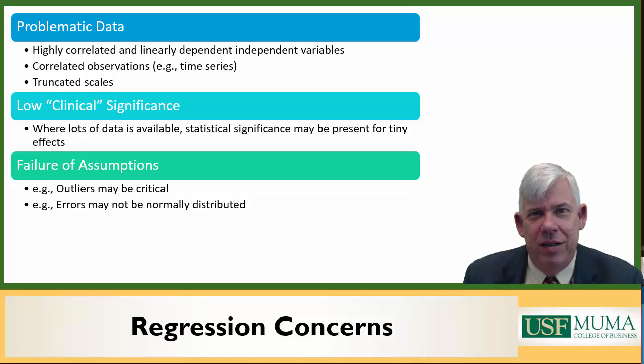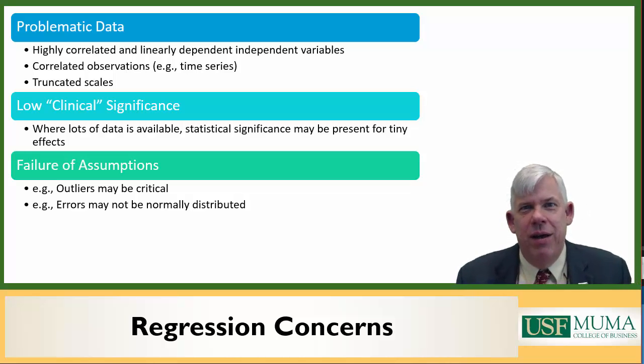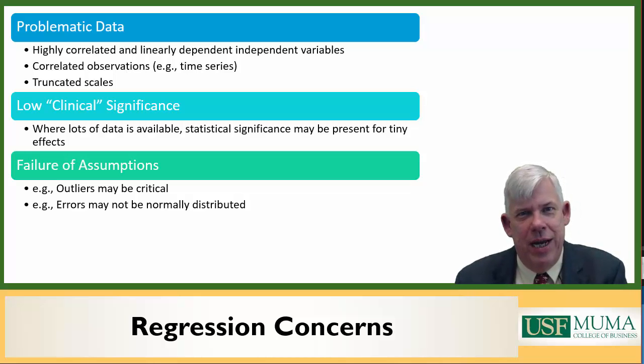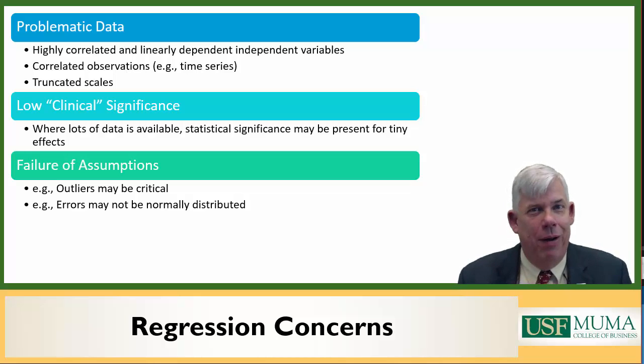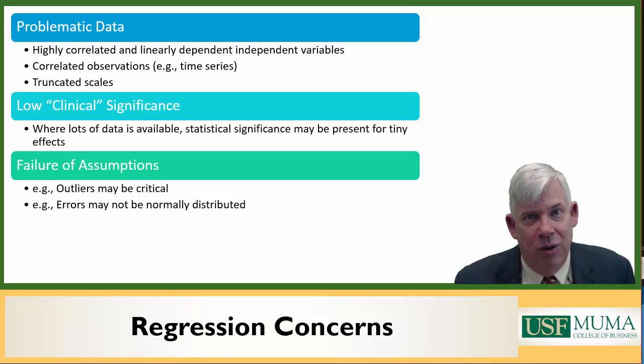We also will find that sometimes errors are not normally distributed. Remember, I talked about earlier how when you're dealing with averages, and regression deals with averages, if you have enough observations, the averages will tend to be distributed normally. The problem is enough observations could be very, very large if, say, your underlying process is a power law.